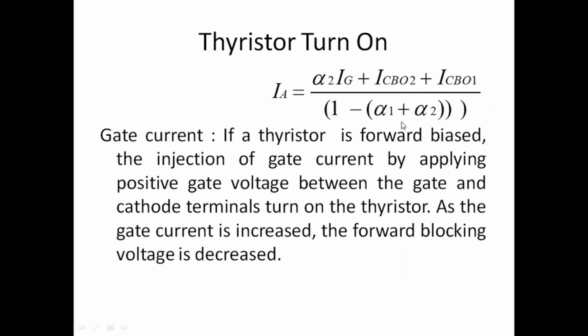If a thyristor is forward biased, in the sense that we apply positive voltage to anode and negative voltage to cathode, so anode is more positive than cathode, then the injection of gate current by applying a positive gate voltage between the gate and cathode terminals turns on the thyristor.